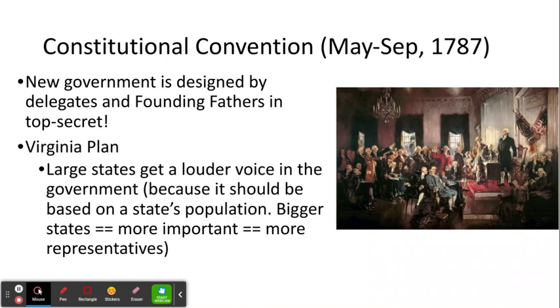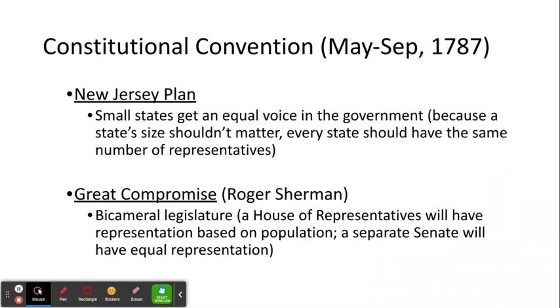So, a state that has a lot of people ought to have quite a say in how things get done. In other words, the Virginia plan said if a state is large, it would have more representatives in the government. It would get more pieces on the game board. Small states didn't like that.